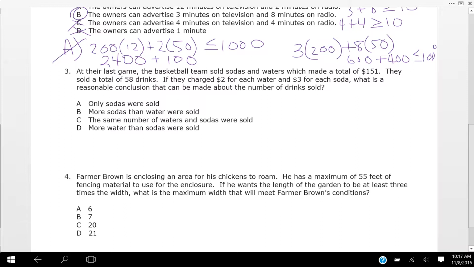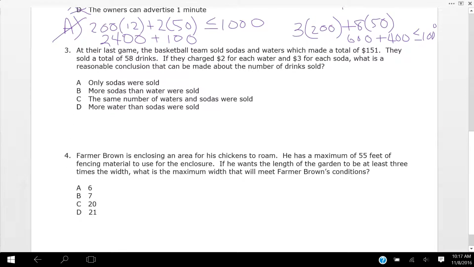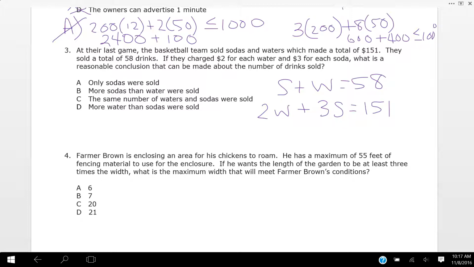C, my two equations are sodas plus water equals 58. $2 for water plus $3 for soda equals 151. I don't know if there's an easy way to figure out besides solving which one's going to be bigger.